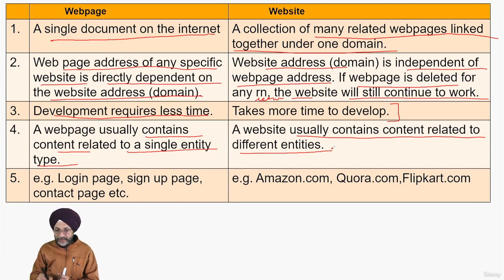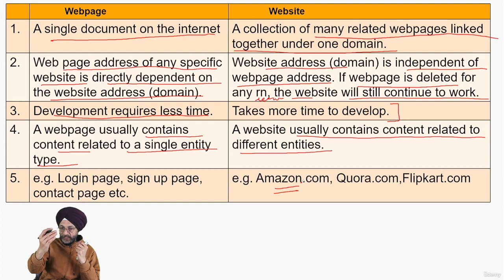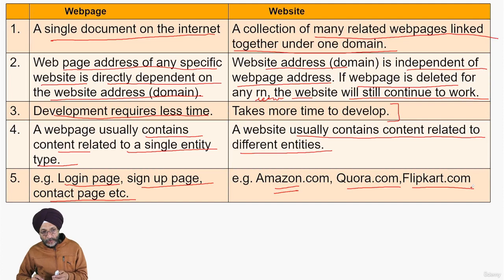For example, if we take the example of Amazon, if we click Amazon.com, then we are shown the products related to different companies on a single page. The examples of web pages are login page, sign up page, contact page, etc. And the examples of websites are Amazon.com, Quora.com, Flipkart.com.